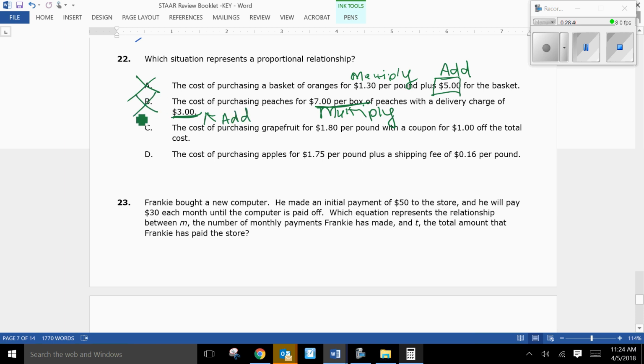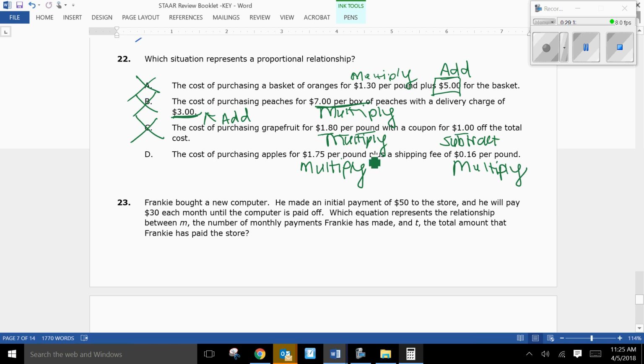The cost of purchasing grapefruit for $1.80 per pound with a coupon for $1 off the total cost. So this one I would multiply, but then I would need to subtract. So I don't want C. D, the cost of purchasing apples for $1.75 per pound and a shipping fee of $16 per pound. Oh, I would be multiplying again.